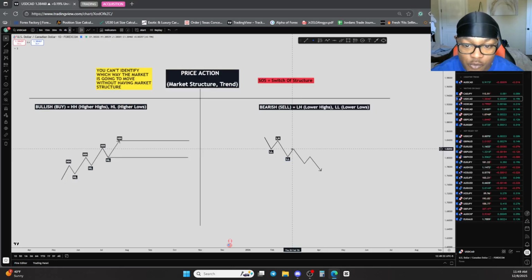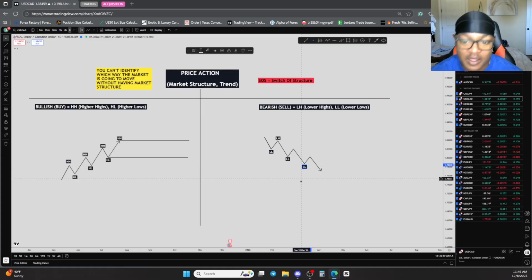And then what did price do? Price then formed a pullback and then the next extension back down. We see price give us this extension, breaking past our lower low to form a new lower low. So then we mark this off as our new lower low. But like we just said, in order to have a new lower low, it is mandatory we have a lower high.